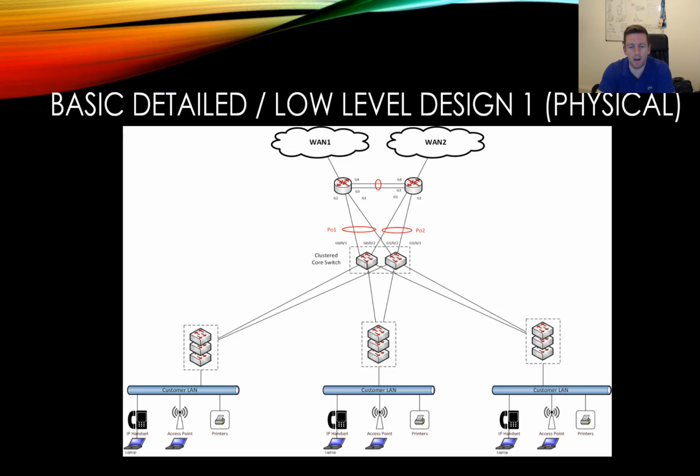Right, so you're talking about between these routers and this I put clustered core switch. So what you see on the screen here is how I would typically deploy this type of design.